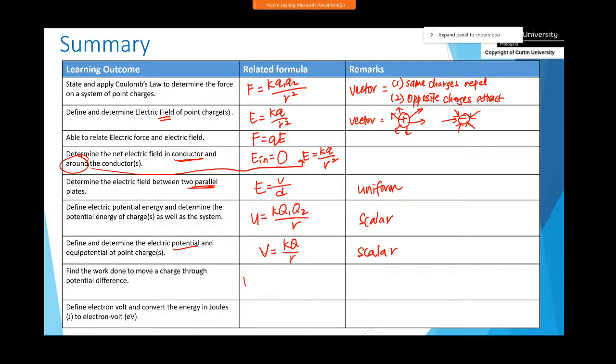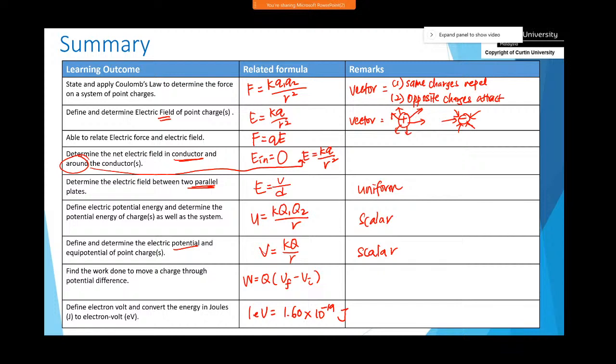Work done equals Q times potential difference, so potential difference will be the final potential minus your initial potential. Electron volts, so 1 electron volt equals 1.6 times 10 to the power of negative 19 joule. Right, so this is the summary table of the whole topic.